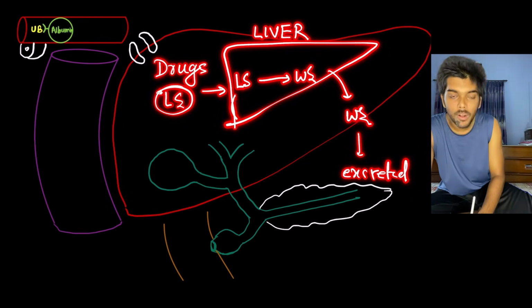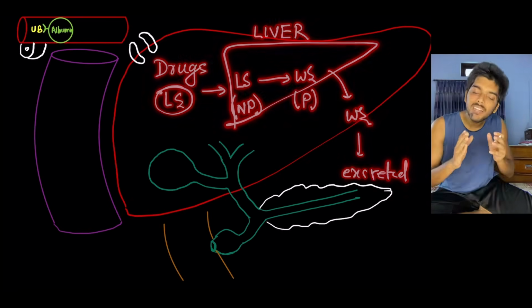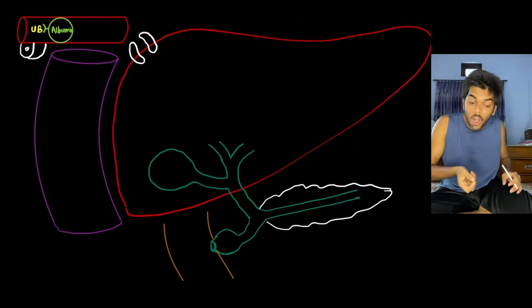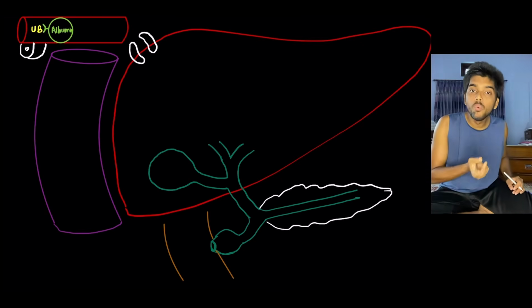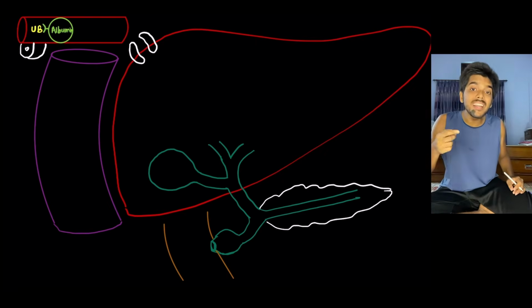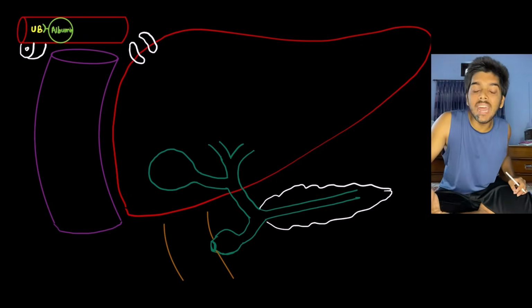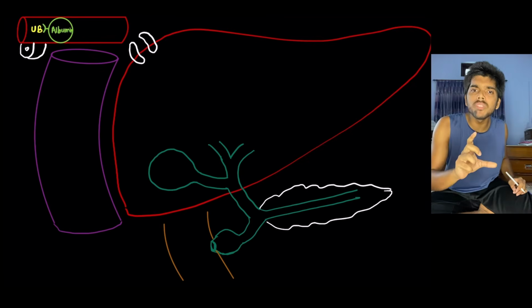The lipid soluble drug is non-polar, and the water soluble drug is charged or polar. So the main concept is that the unconjugated bilirubin, which is lipid soluble and non-polar, needs to be converted to water soluble, which is polar, and only then can it get excreted. So it has to go through the process of conjugation.